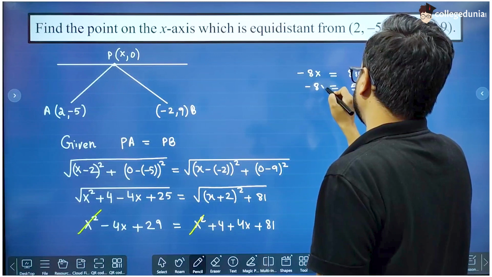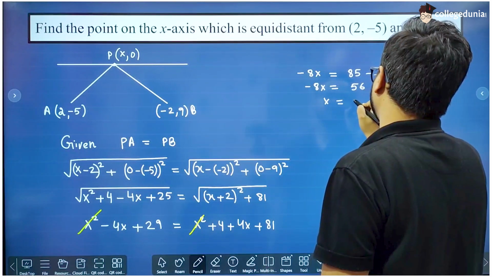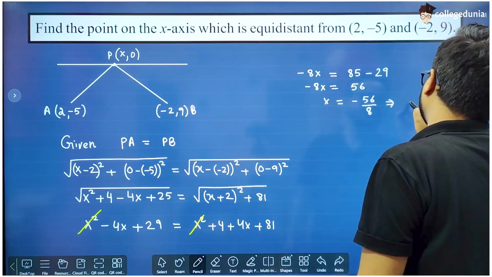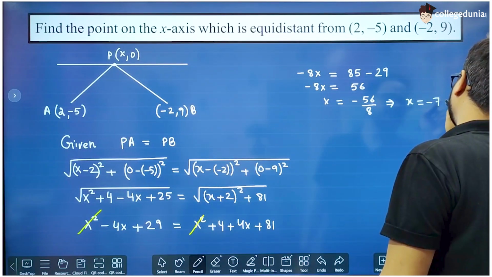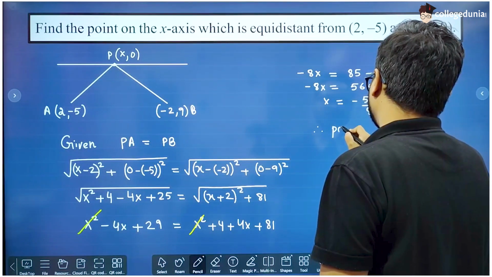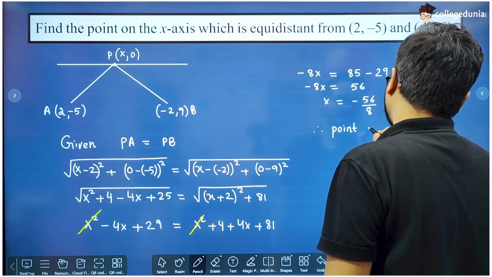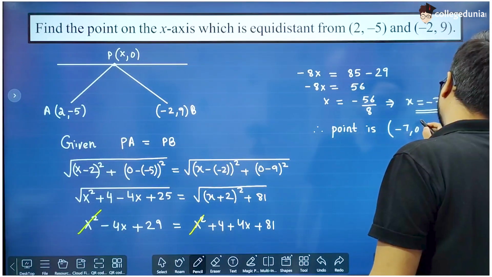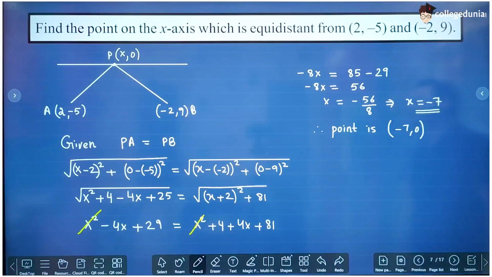So minus 8x is 56, or x is minus 56 by 8, that is x is minus 7. Therefore the point is minus 7, 0, which lies on the x-axis and which is equidistant from both A and B, whose coordinates are given.